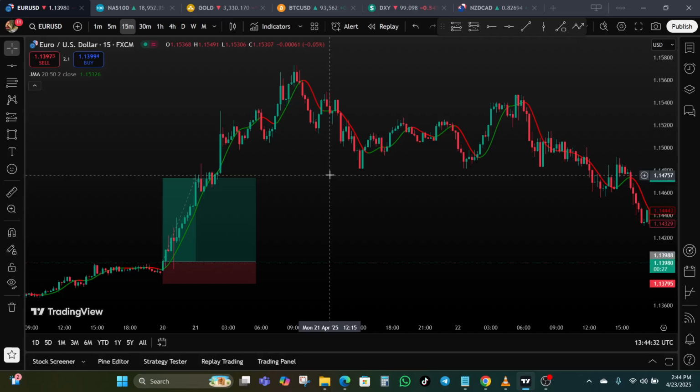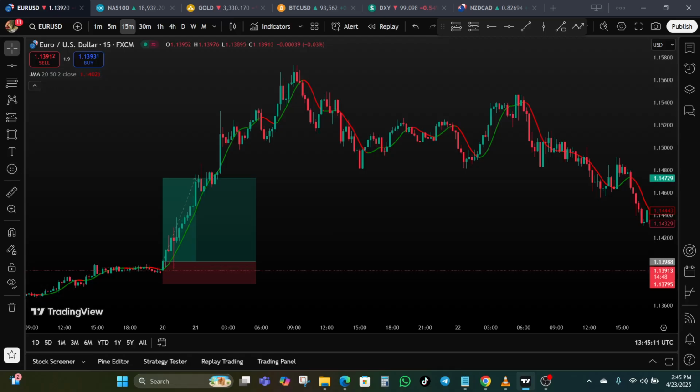Now, why should you use the JMA in your trading strategy? One is smoother signals. JMA removes much of the noise in price action, and that makes it easier to spot real trends. With respect to adaptability, the indicator adjusts to fast and slow moving markets, providing more responsive signals. Talking about false signals, traditional moving averages tend to generate more false crossovers in volatile conditions.